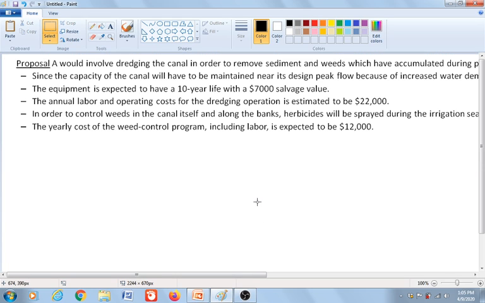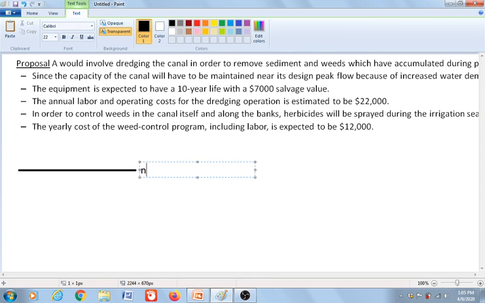So this is it, proposal A. I will draw the cash flow diagram. Now, as we know, n goes to infinity in this.